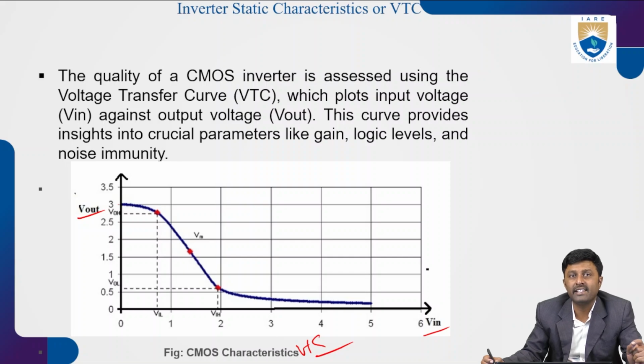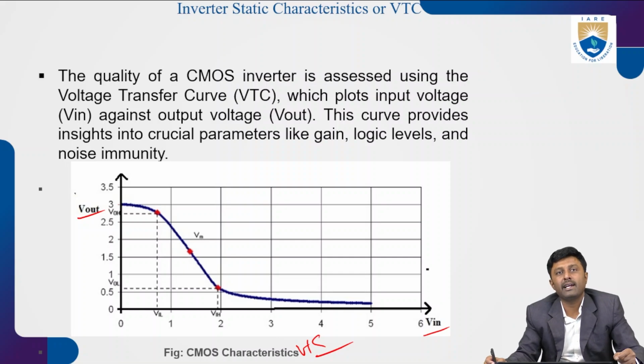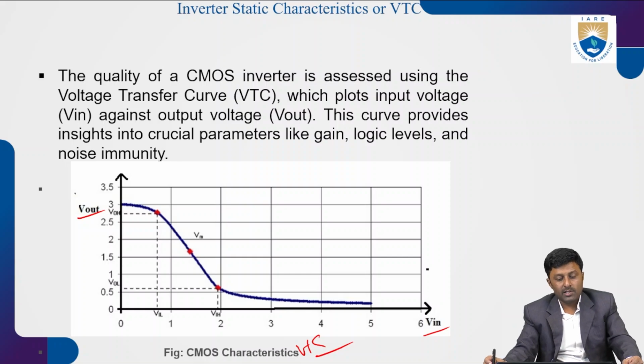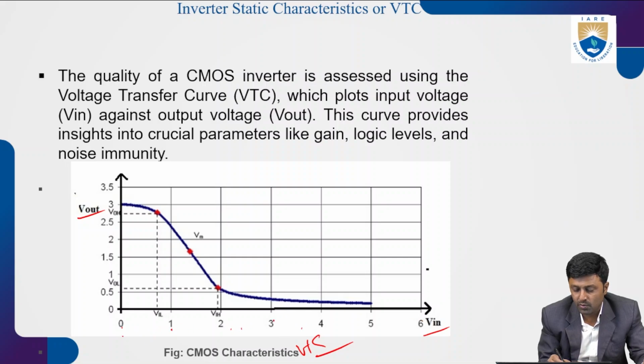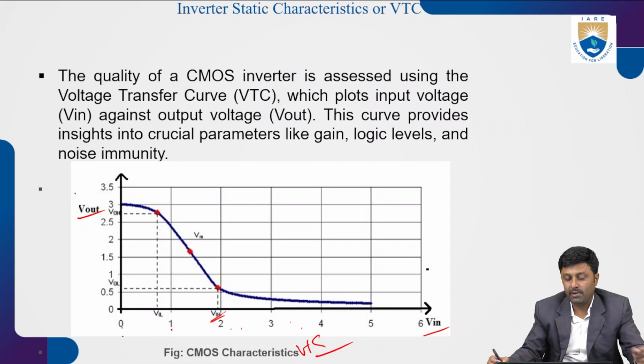This curve provides an insight into crucial parameters like gain, logic levels and noise immunity. As you can see, for different gate input voltages 0, 1, 2, 3, 4, at some saturation point, let us say the saturation point is here, the current flowing will become.